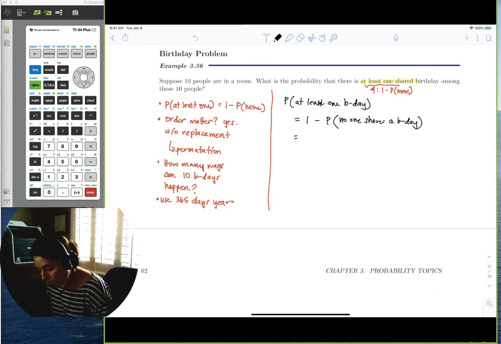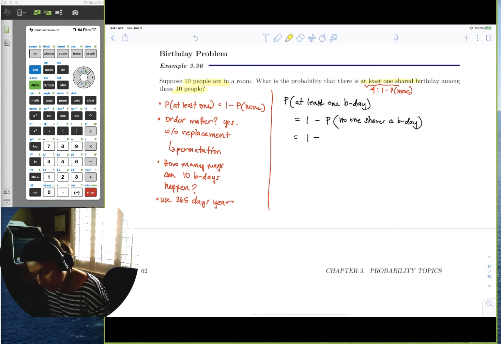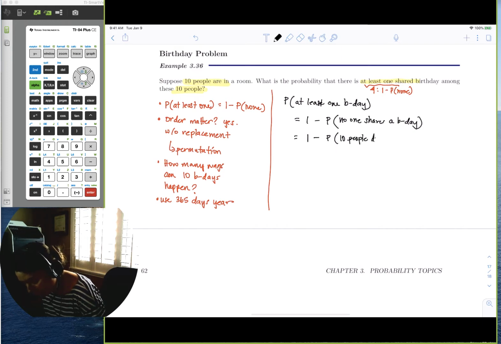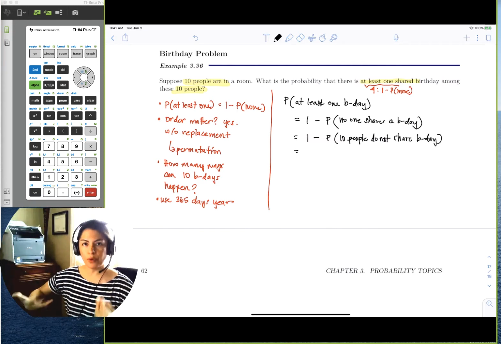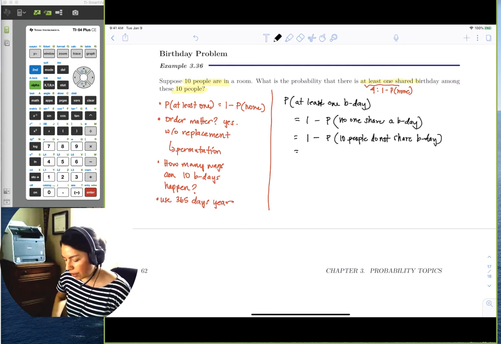If no one shares a birthday and there's 10 people in the room, that means 10 people don't share a birthday. I know it feels like I'm writing a lot, but what I'm doing is building up to the formula. I'm already like a third there, right?